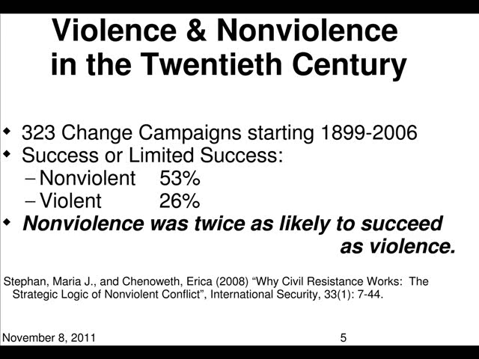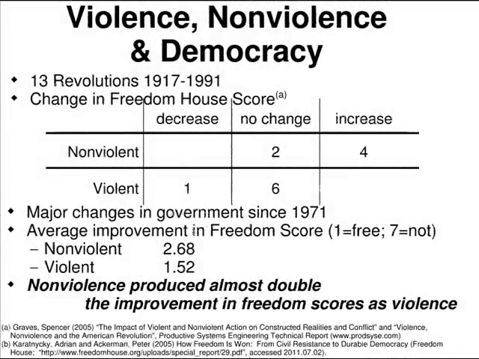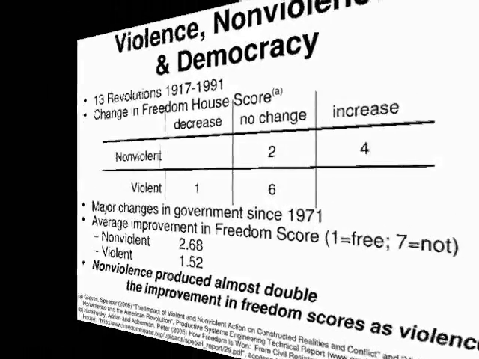They identified 218 major violent efforts and 105 major nonviolent campaigns. 26% of the violent campaigns and 53% of the nonviolent campaigns achieved at least some measure of success. Two other studies focused on the long-term impact on freedom and democracy of successful violent and nonviolent change efforts. Both studies found that nonviolence on average is more conducive to freedom than violence.